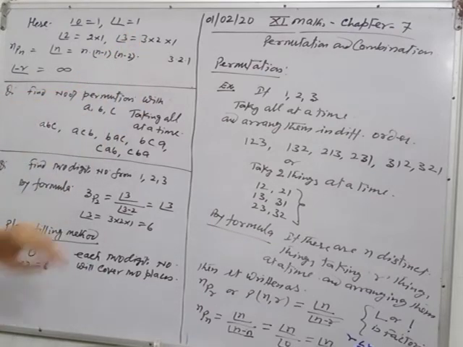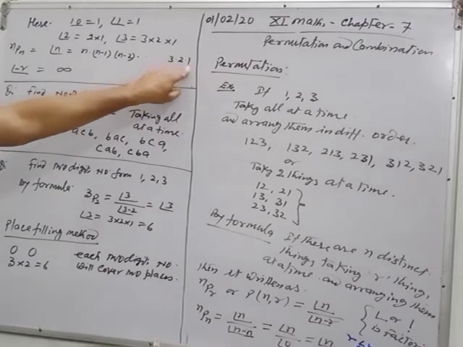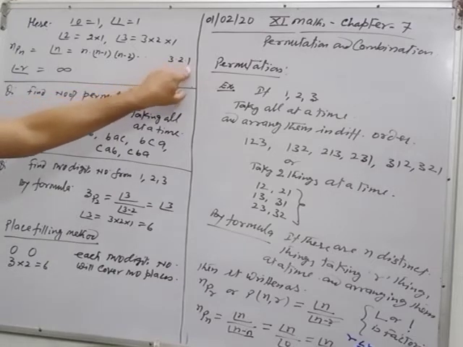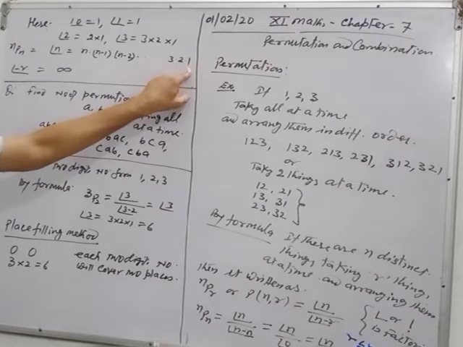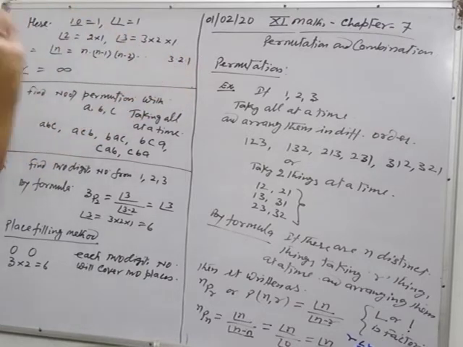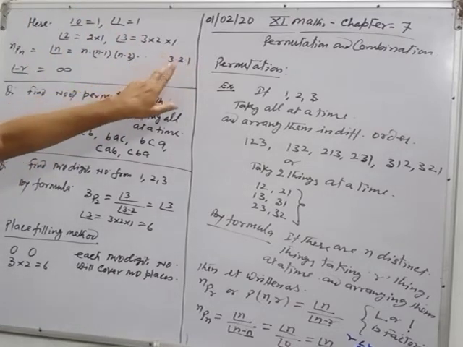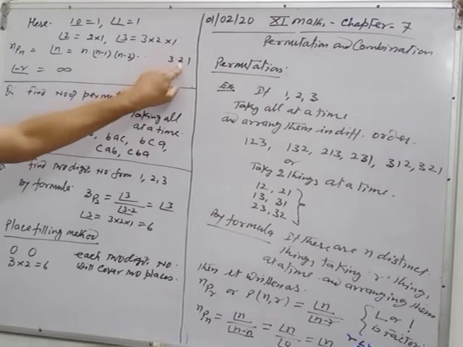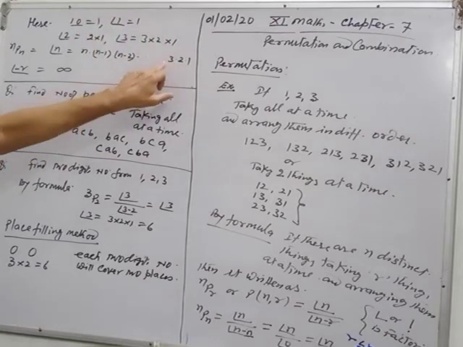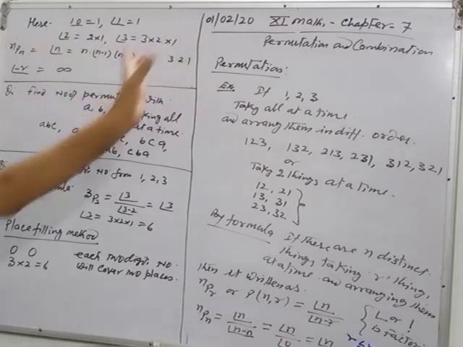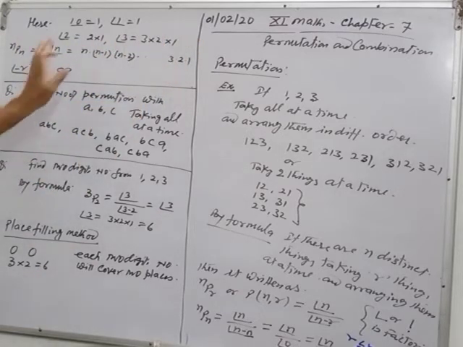For the last place you will have one thing, means there will be one option to fill up the last place. For the second last place there will be two options. For the third from last there will be three options. So this is the expanded form of factorial, and remember also factorial of any negative number is not defined. Okay.